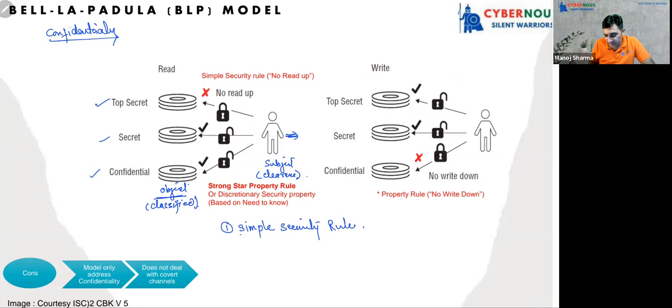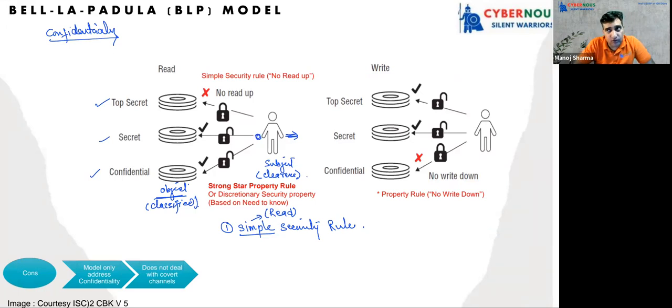You can simply understand this: simple means read. The simple security rule means that a particular user on a particular level should not be able to read any information which is on a higher clearance level.